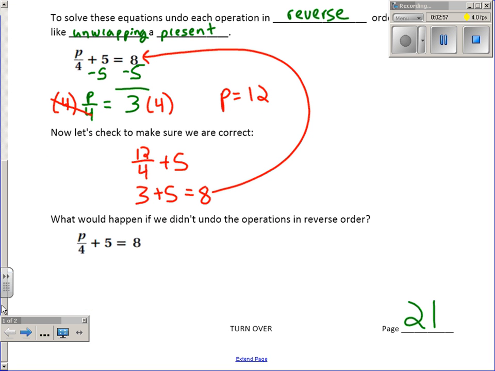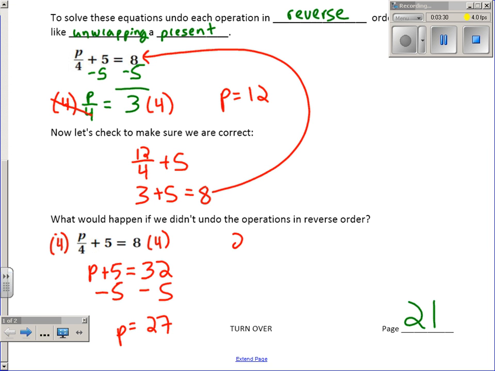Now, just to make sure that you're actually having to undo the outside operation first, let's not do it and see if we still get the right answer. So instead of undoing the addition first, I'm going to undo the division. And then we're going to check it and see if we get the right answer. So P equals 27.